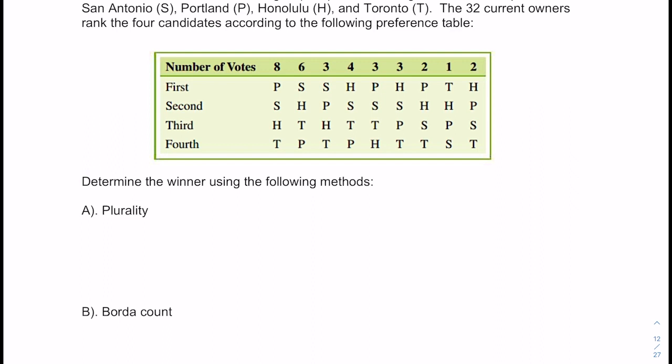So try not to confuse those, because there are 4 methods that we're going to look at to determine whether or not the voting method that we chose was fair. Okay. Before we go on to that video, though, please try this next problem. This is a review of the 4 voting methods, so this will give you some practice as to how we find the winners using each of the voting methods.